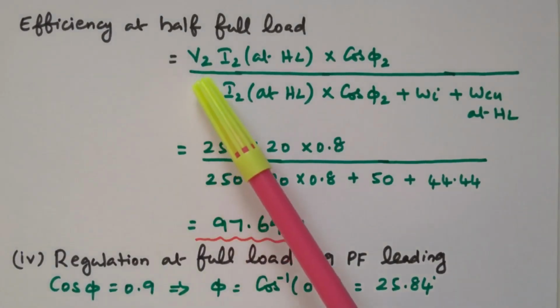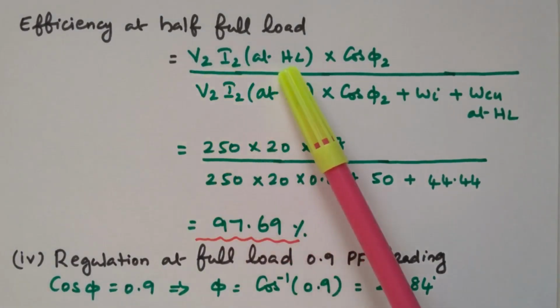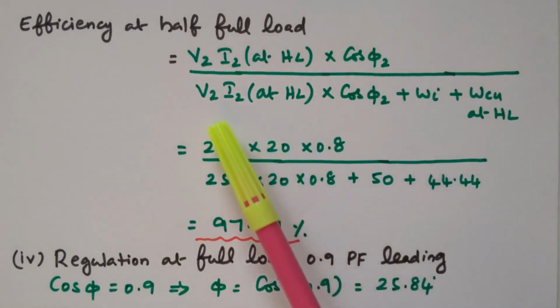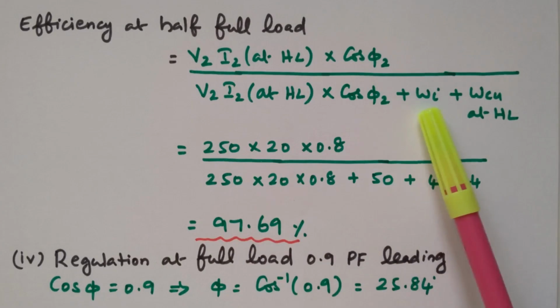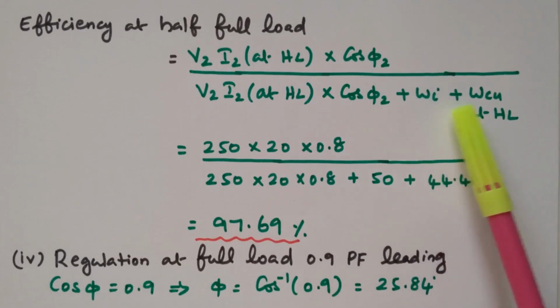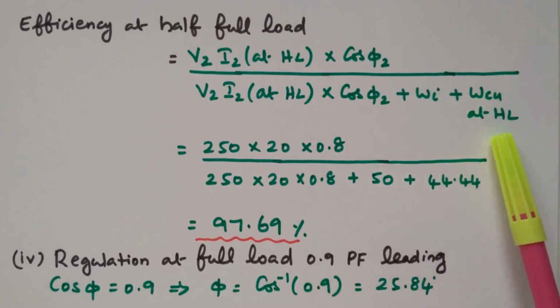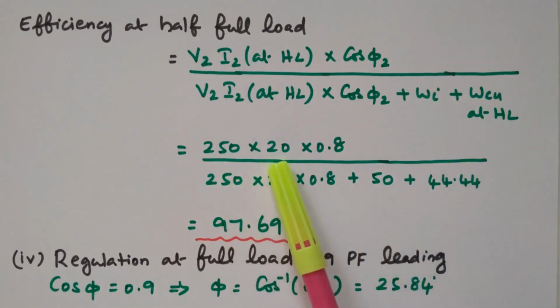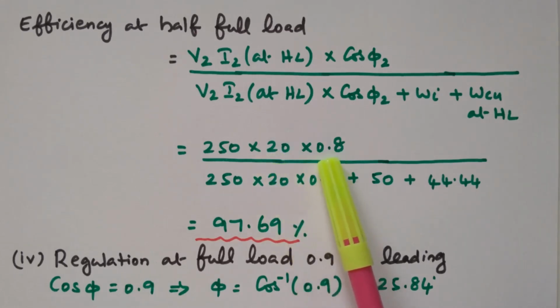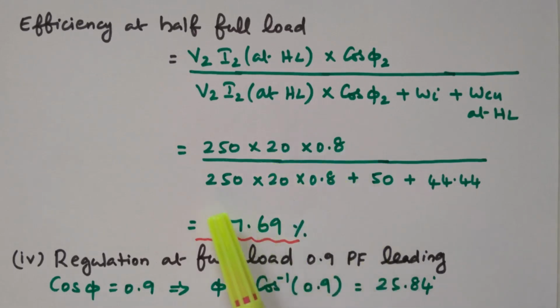Now we'll calculate the efficiency. Efficiency equals V2 I2 at the half load into cos phi 2, divided by V2 I2 at the half load into cos phi 2, plus iron loss Wi, plus copper loss at the half load, which we calculated. So 250 into 20. The full load current is 40, the half load current is 20, 40 divided by 2. 20 into 0.8, the power factor is given as 0.8, divided by 250 into 20 into 0.8 plus the iron loss.